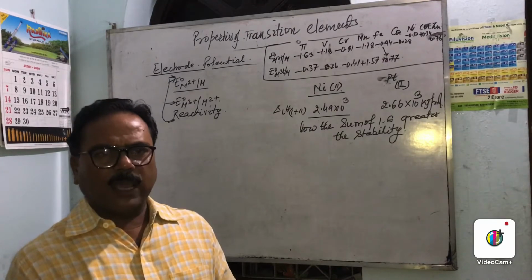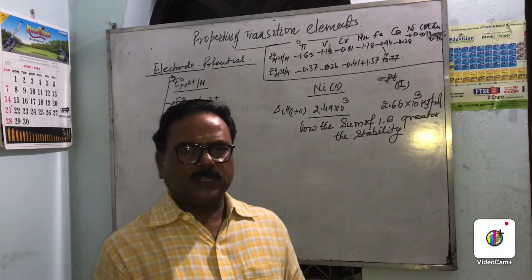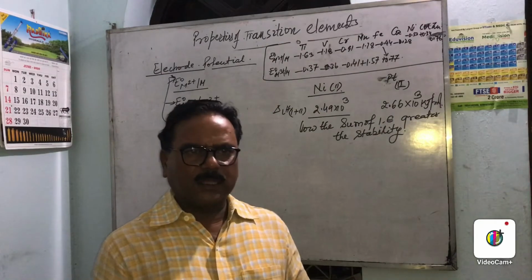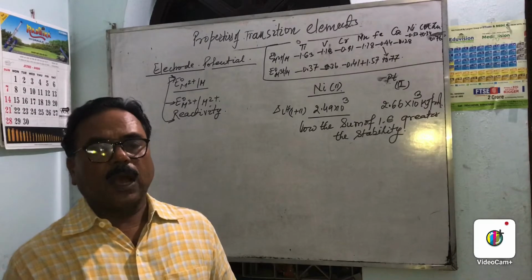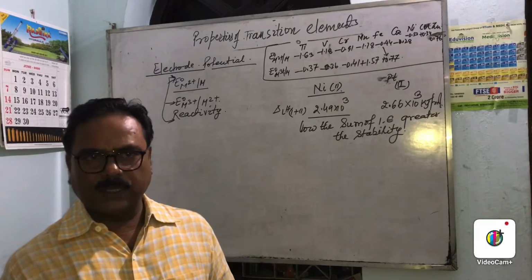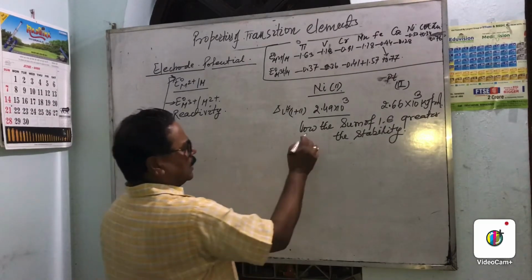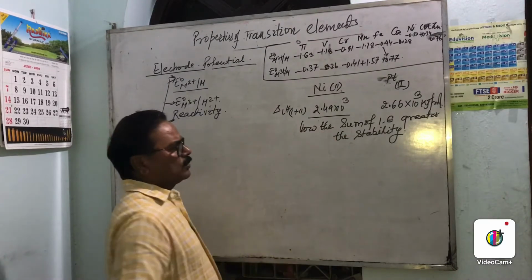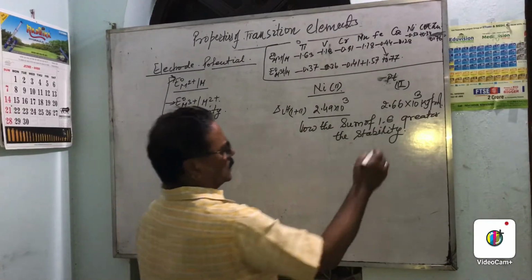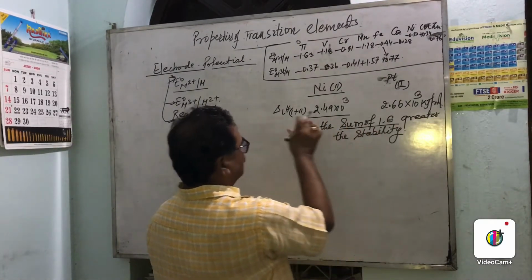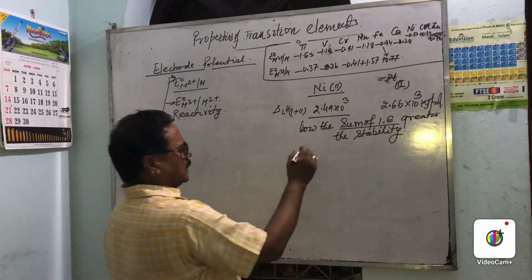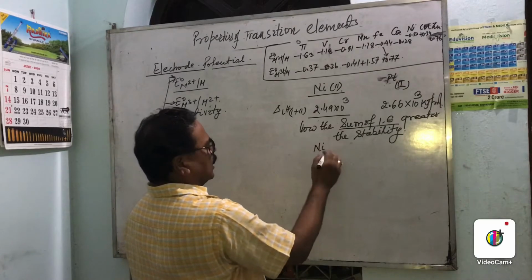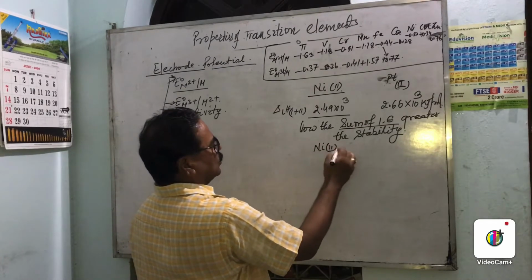If one will have the lower sum of two ionization energies, and the other one will have the higher sum of two ionization energies, the concept is the sum of first two ionization energies, greater the stability. So we can say that out of nickel 2 and platinum 2, nickel 2 is more stable.